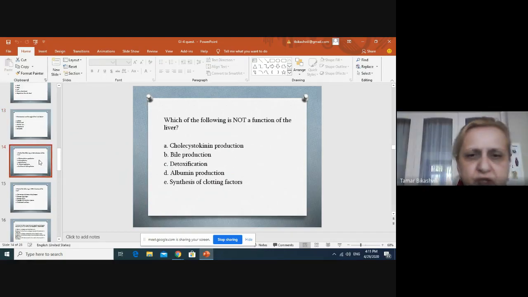The next question: which of the following is not a function of the liver?